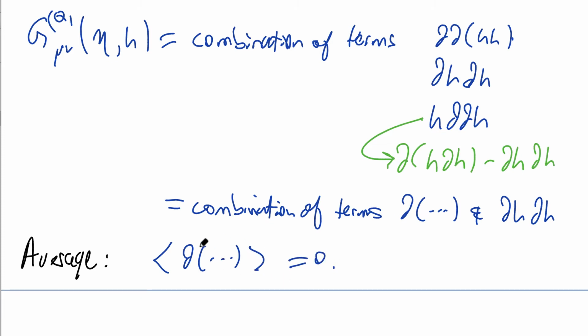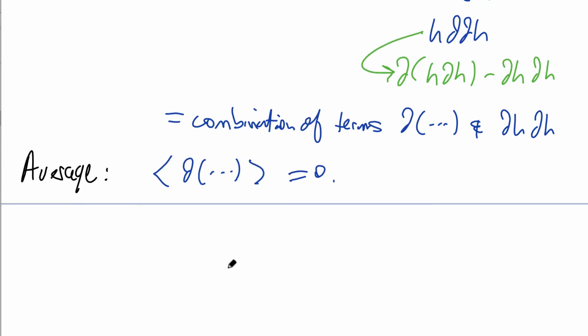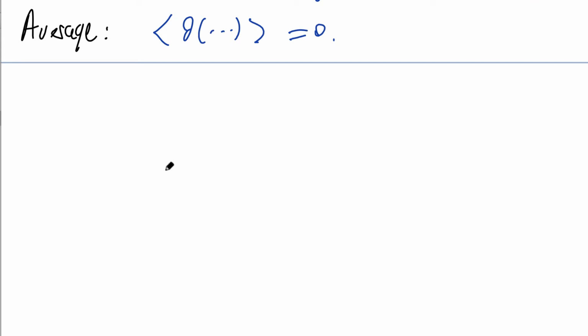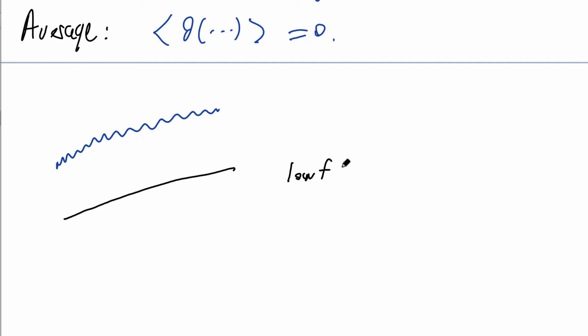The way to see that is to note that what's in parentheses here contains two factors of h. So it contains a low frequency and high frequency part. So here's a piece of that signal. And here's the low frequency or long wavelength part. And this is the high frequency or short wavelength part.